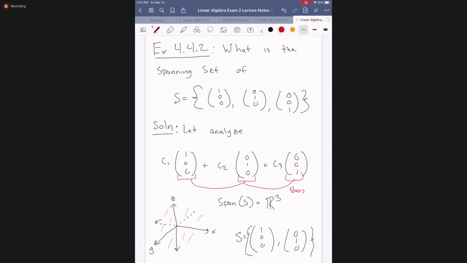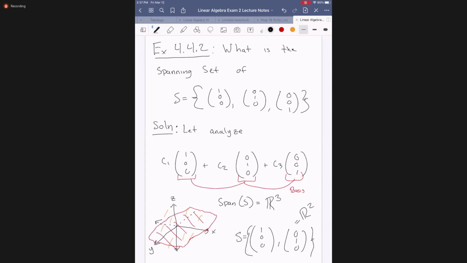The span of those two vectors would just be that part right there. It wouldn't be all of R3. But since we're doing three components, it would be just this plane. You definitely cannot say this equals R2 in this case.